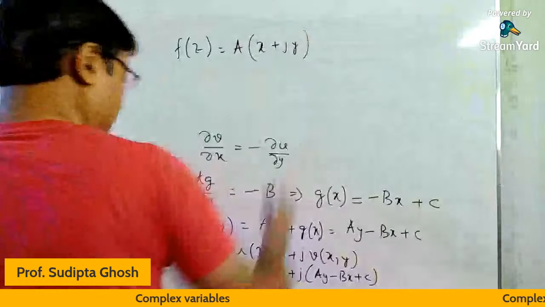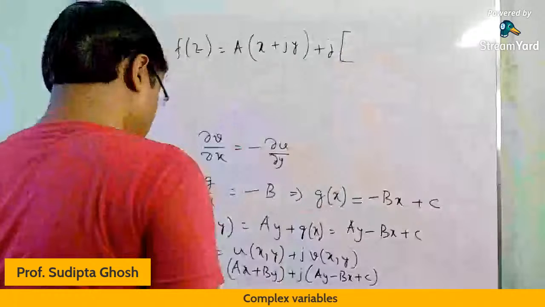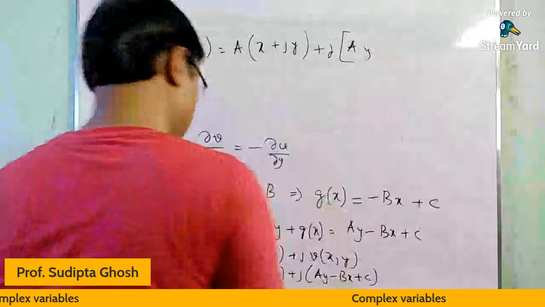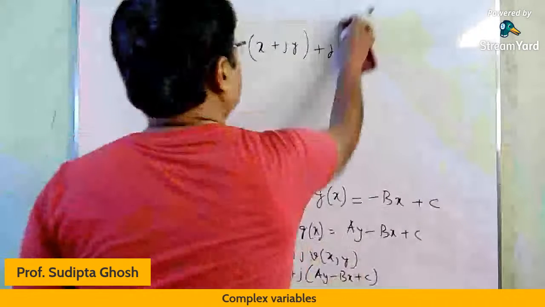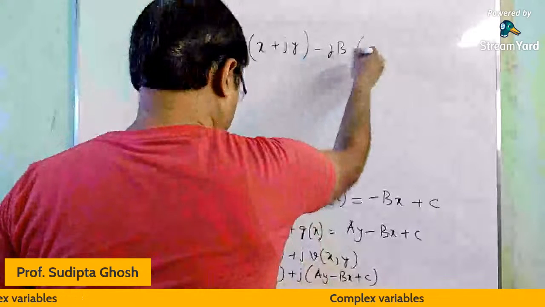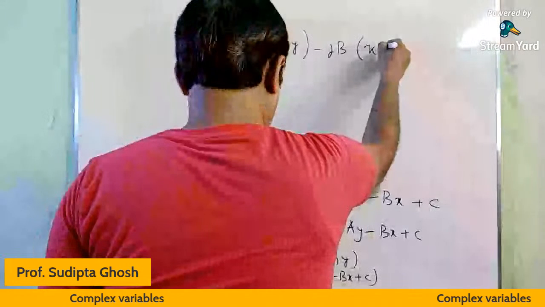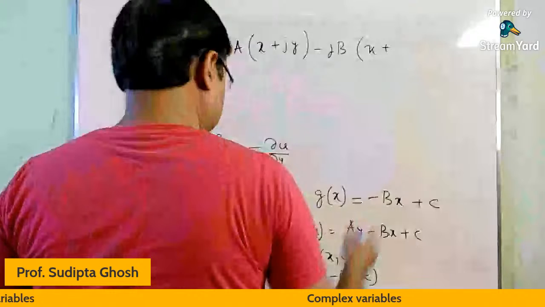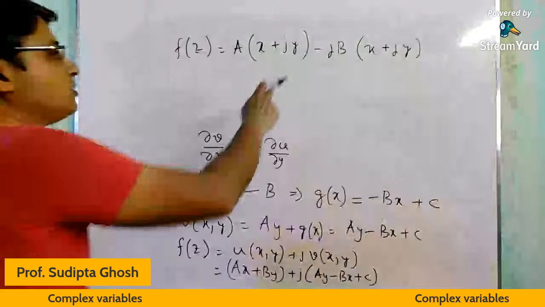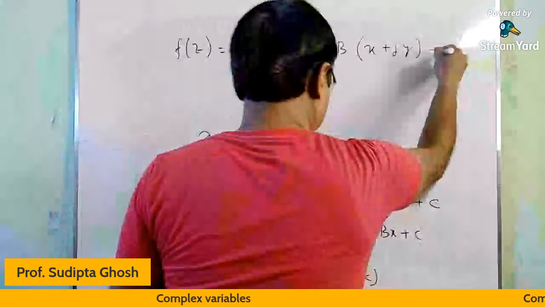Then taking minus jb as constant, we have x plus jy, as j square means minus 1 and minus j square gives plus by, and then the last term jc.